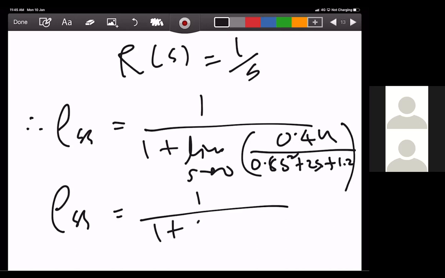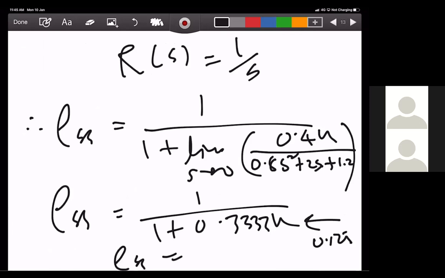One plus 0. Okay, so masukkan K. K tadi is 0.125. So steady state error is equal to 0.96. Okay, 4 markah.